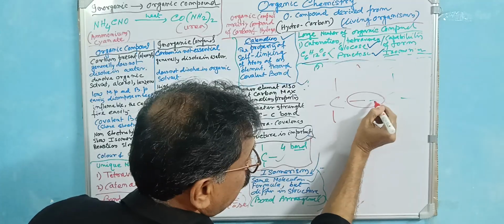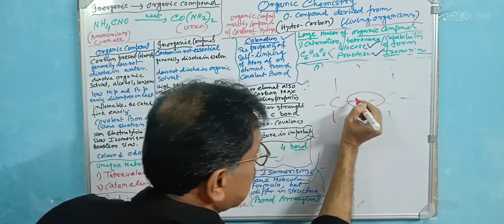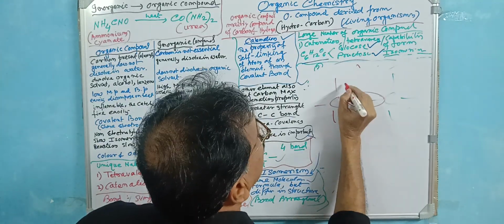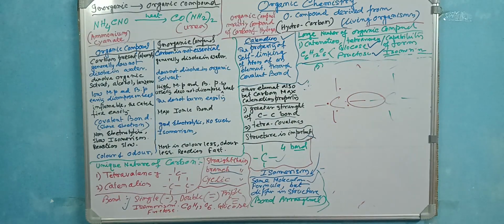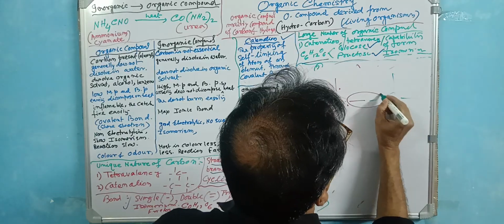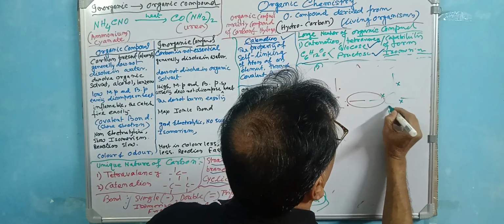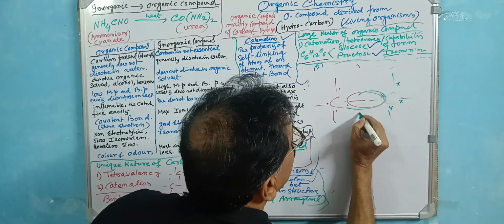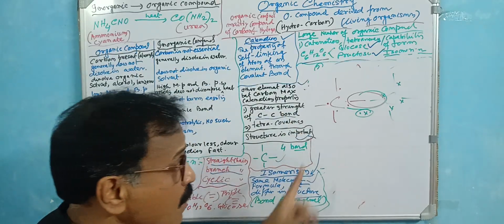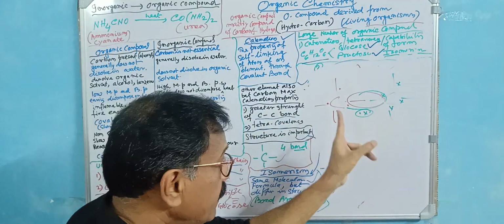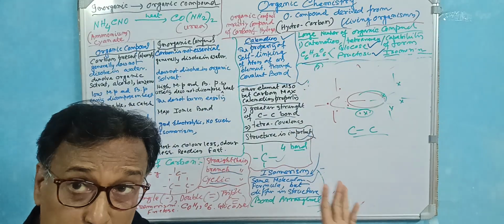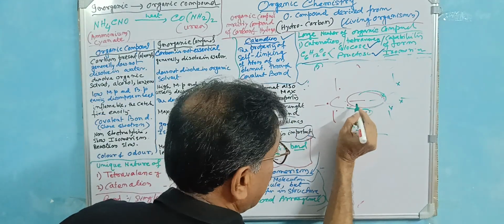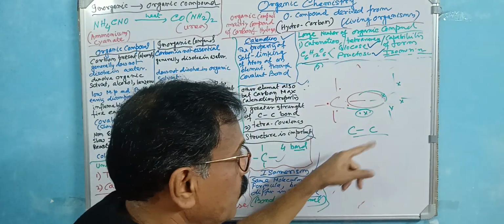Now it gives one electron. Suppose here is the electron, and here is the electron. This is cross, this is cross. Now suppose this and this, a bonding is formed. 1 electron from here, 1 electron from here. So the carbon single bond is developed in this way. 1 electron given by this, 1 electron given by this, the 2 electrons.